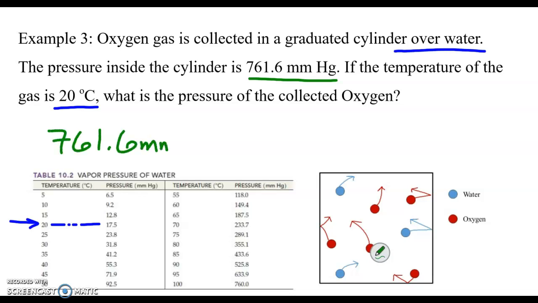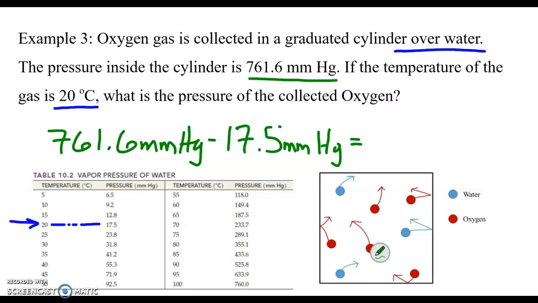So our total pressure, we said, was 761.6 millimeters of mercury. Just like previously, we're going to take our total pressure, we're going to subtract out the known partial pressure, which was 17.5 millimeters of mercury, and that will tell us the remaining partial pressure that must be contributed by our component of interest.